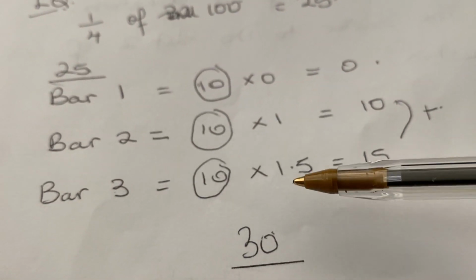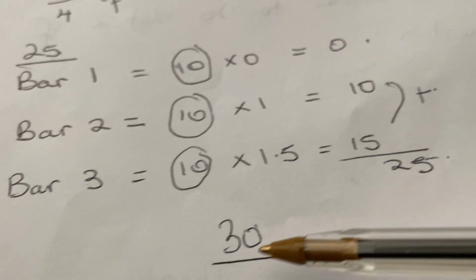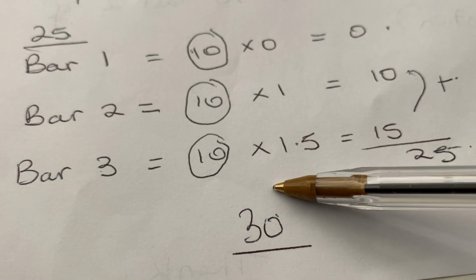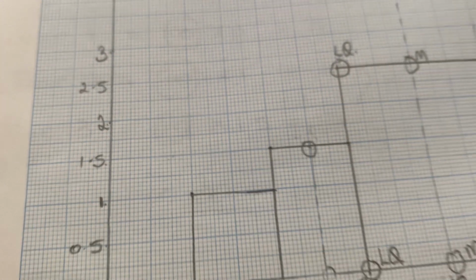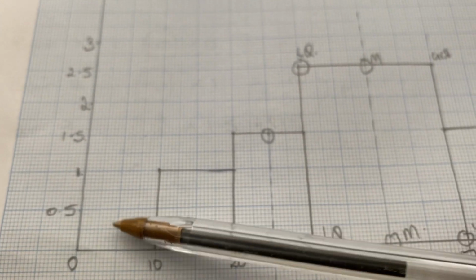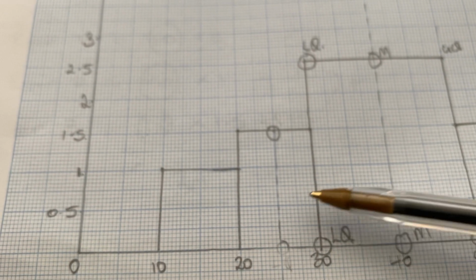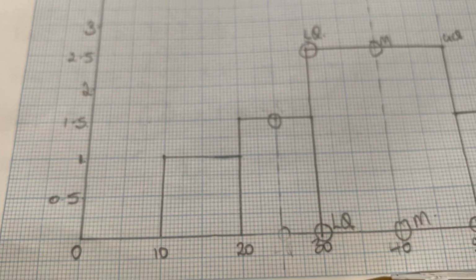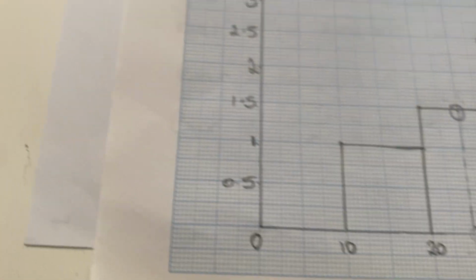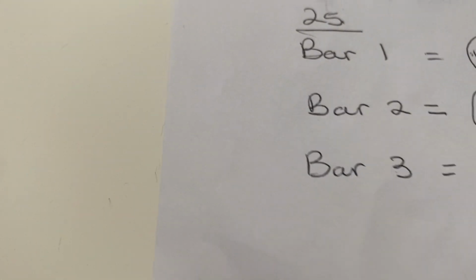So the lower quartile, to get up to 25, will be on bar 3. So when you look at your graph here, bar 1, bar 2, bar 3, this is 25, and that'll be the lower quartile, which is 30. So we found the lower quartile.